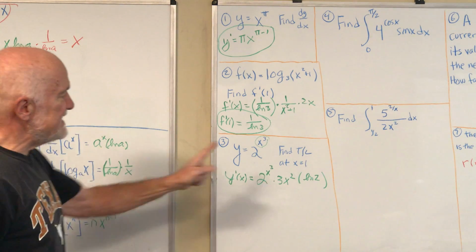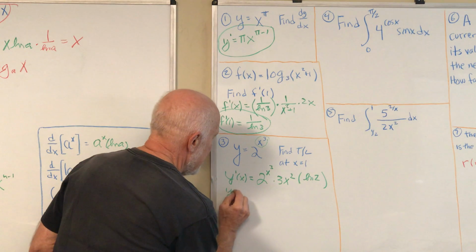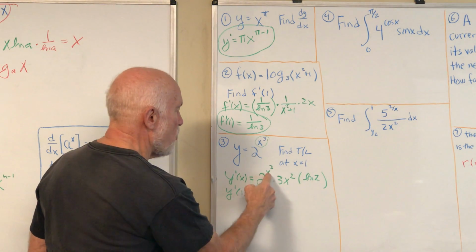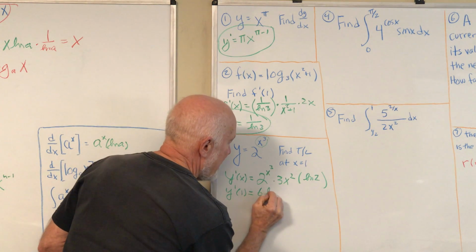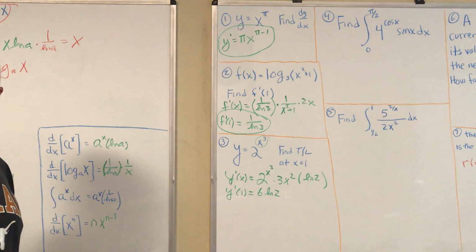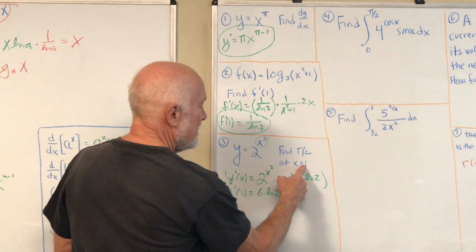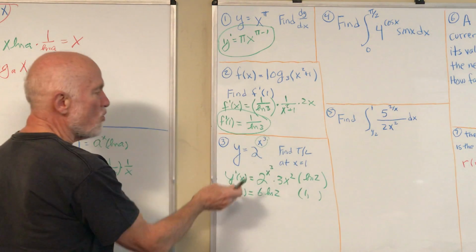Now we're trying to find a tangent line at x equals 1. So we have to plug 1 into the derivative. And we get 2 to the 1 times 3 times 1, so 6 times the natural log of 2. And that's just a number. That's the slope. What's the point? Well, we have x is 1, and what's y?